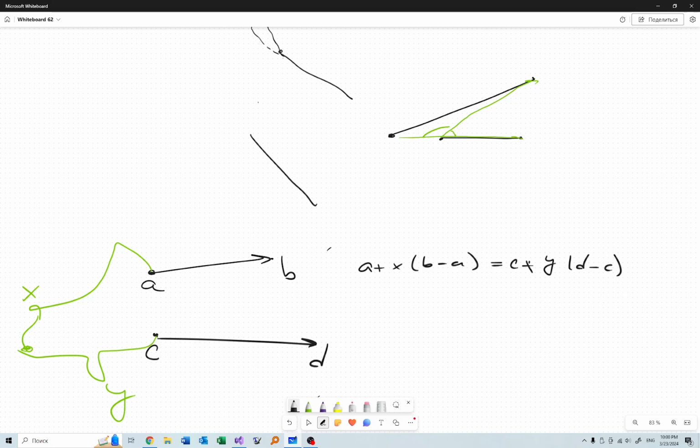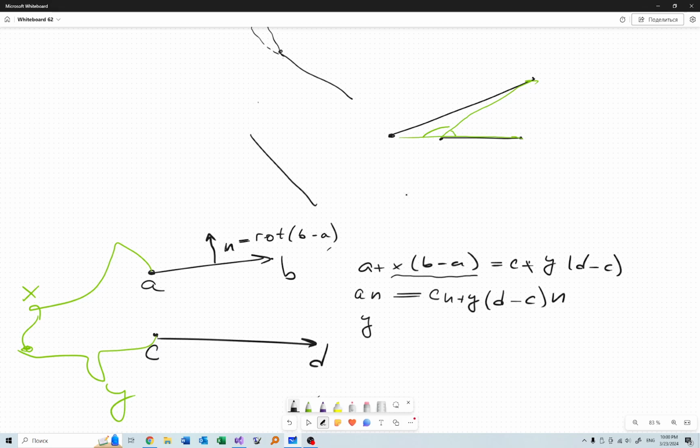After that, let's take a normal vector to a minus b. For example, normal vector n which is equal to rotation by 90 degrees of b minus a. And multiply by n. So we see here that an plus 0, yeah, because this is perpendicular to n, is cn plus y times (d minus c)n.